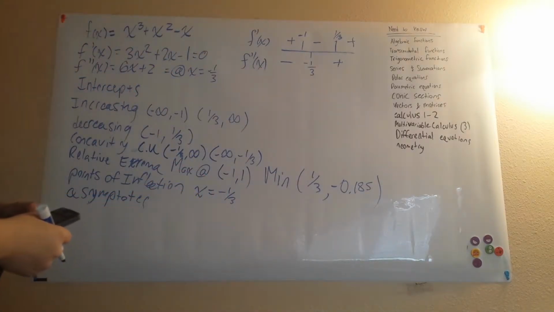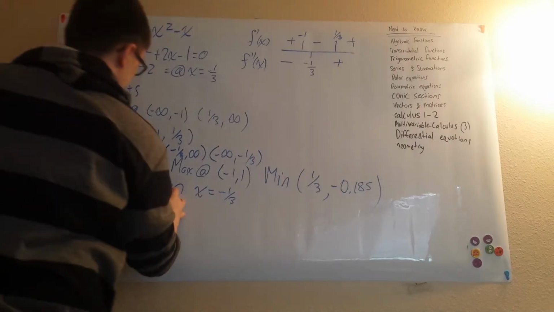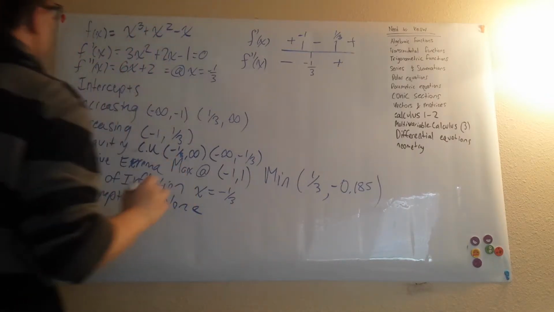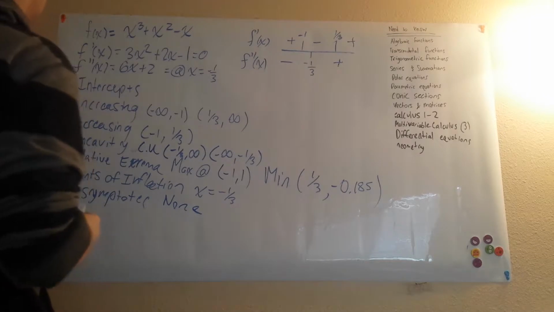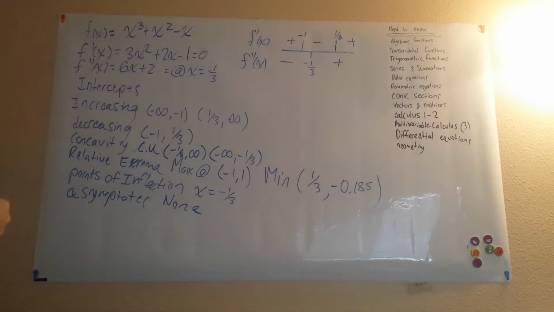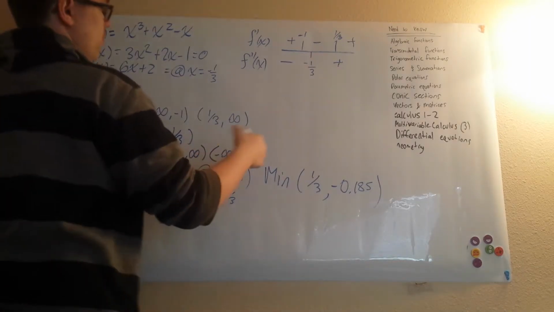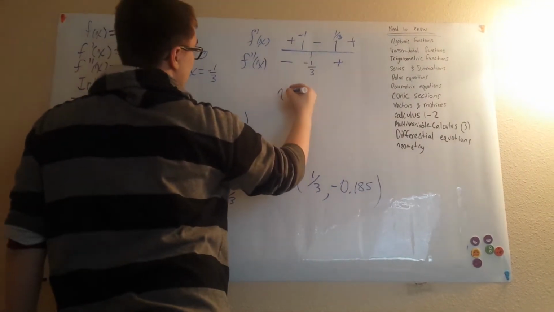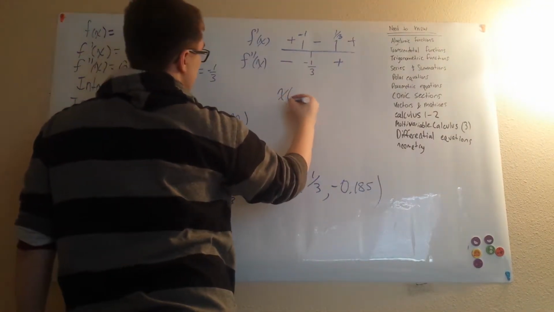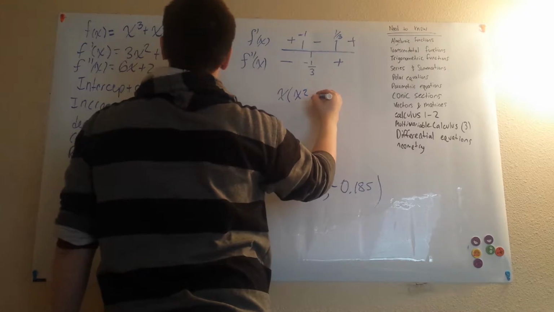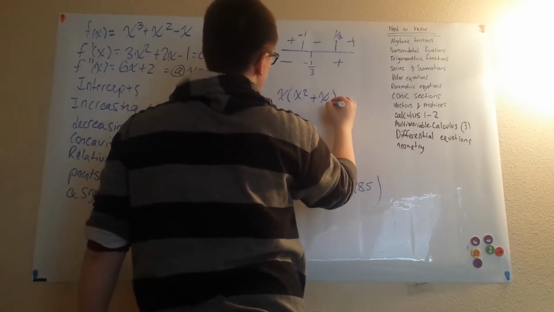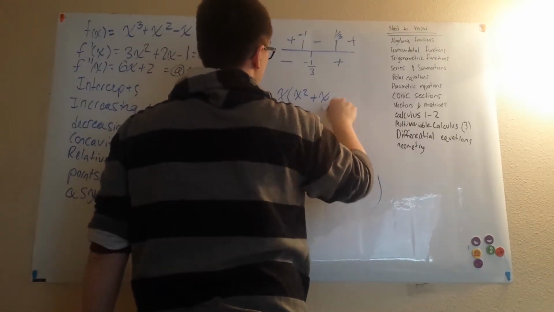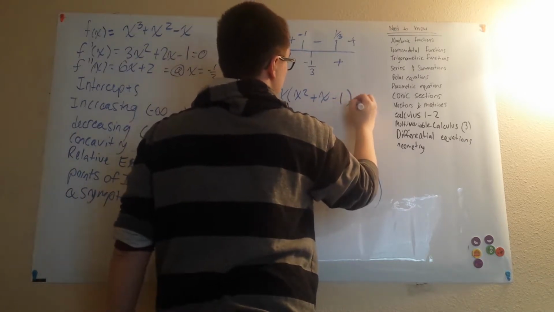We have no asymptotes. Do we have any intercepts? We should, right? Let's set the function equal to 0. We can factor out an x. We get x squared plus x minus 1 equals 0.